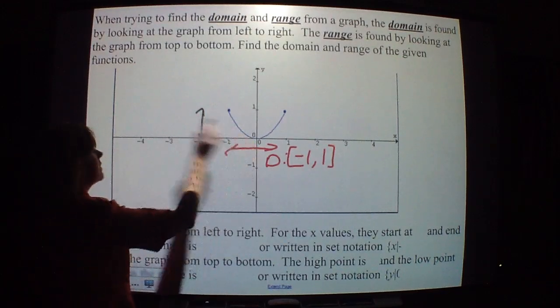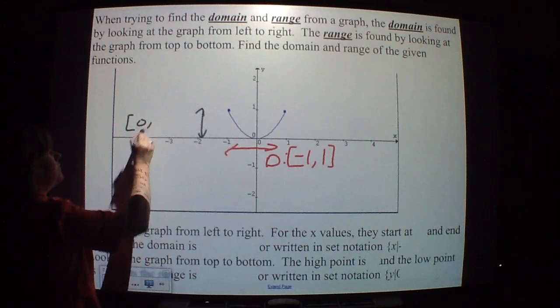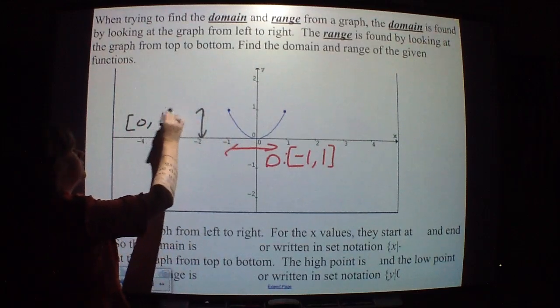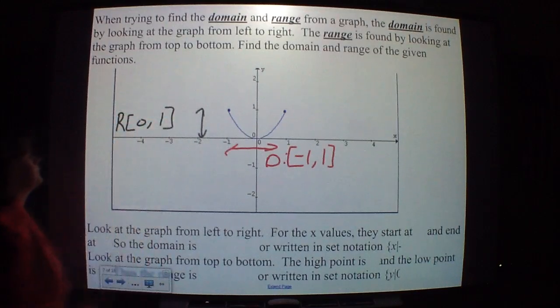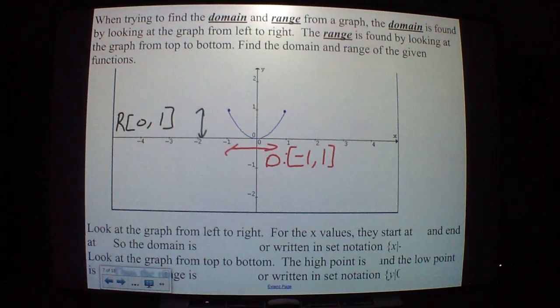So my smallest number is 0, and it includes 0. And I go all the way up to 1. So this is my range. Okay? So my domain goes from -1 to +1, inclusive. My range goes from 0 to 1, inclusive.